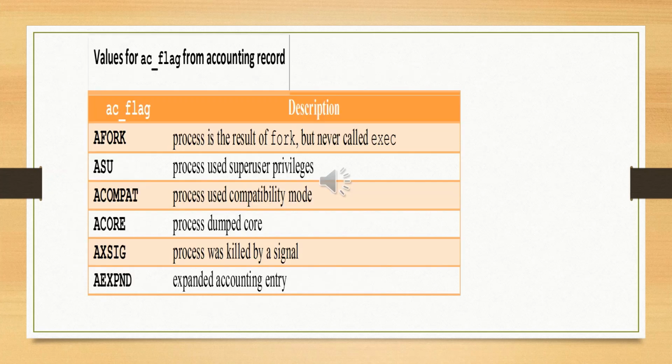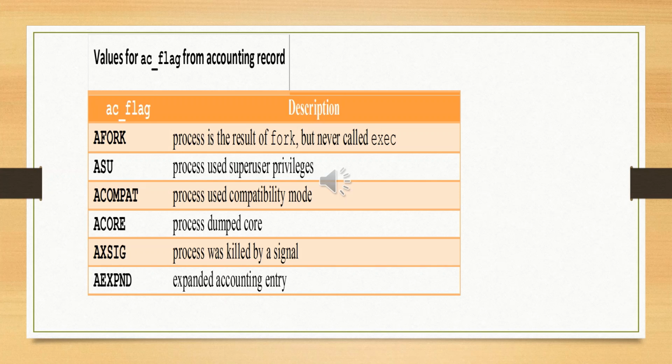Here we discuss some of the accounting flags used in the process. The values of the accounting flags are named ac_flag in the accounting record. The flags are AFORK, meaning the process is the result of fork but never called exec.